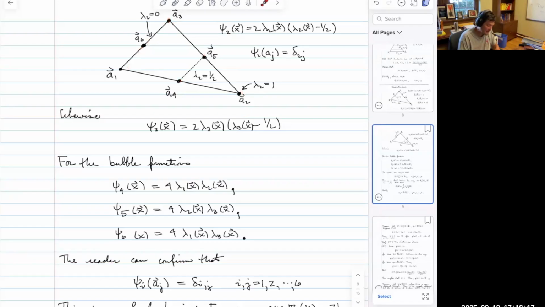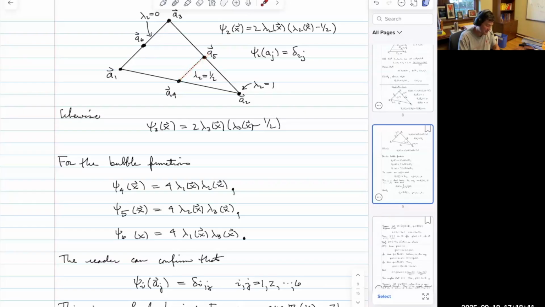Well, these are all on the line lambda 2 equals 0. If I put lambda 2 equals 0 by setting x to be any point on this line, I'm going to get 0. So this bubble function is 0 on this line and 0 on this line, and it's 1 here. Okay? And then you can find out what its values are on any line like this.